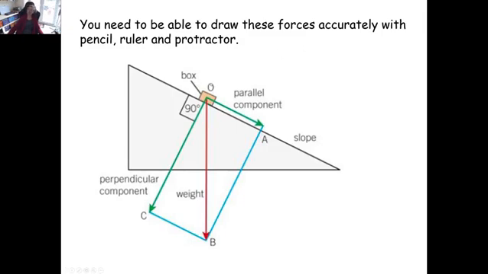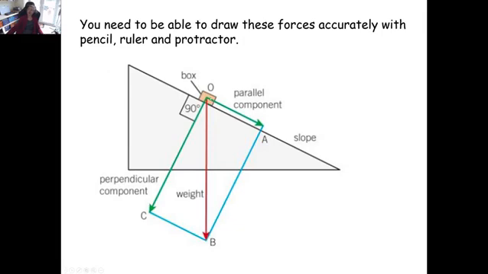Okay, so if we have a box here and it's on that slope, but it's at rest on that slope, so it's not moving, and the slope is tilted through a particular angle here, we know that the weight of that box is acting straight down. Okay, not at an angle, but just straight down. And now we can divide that weight into a parallel component and a perpendicular component.